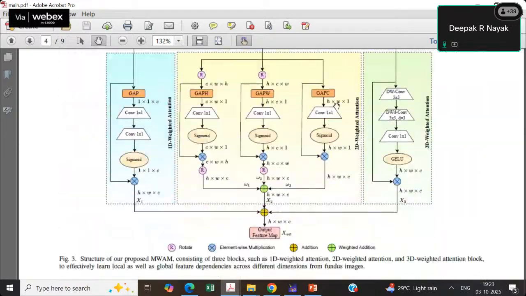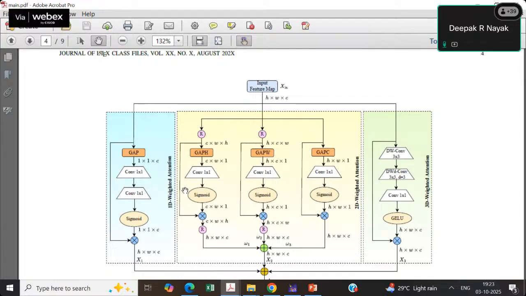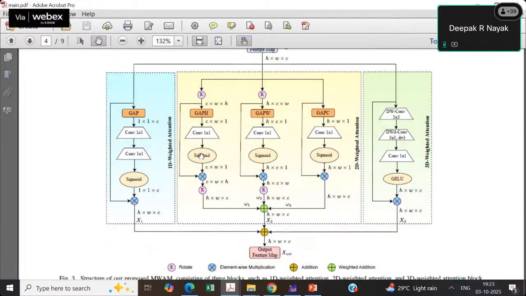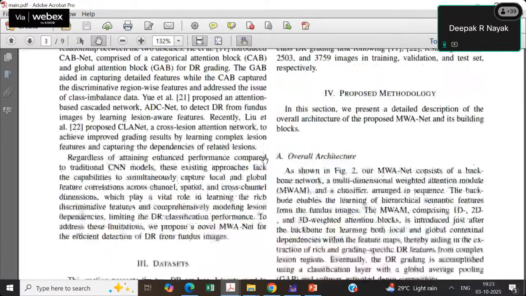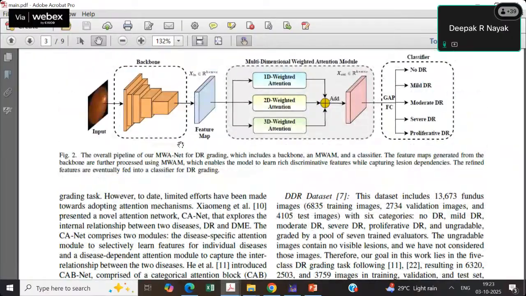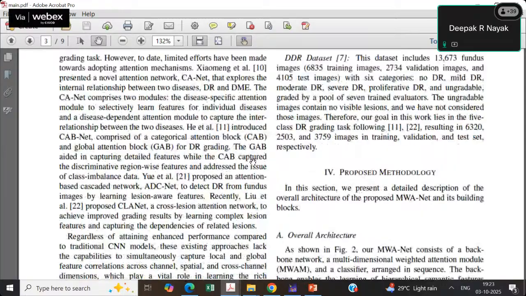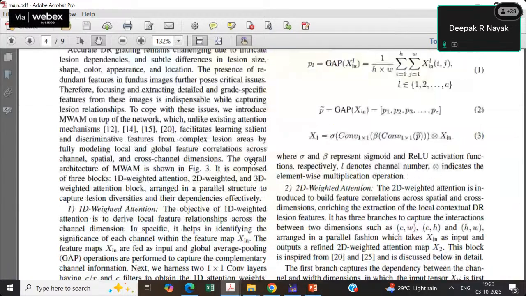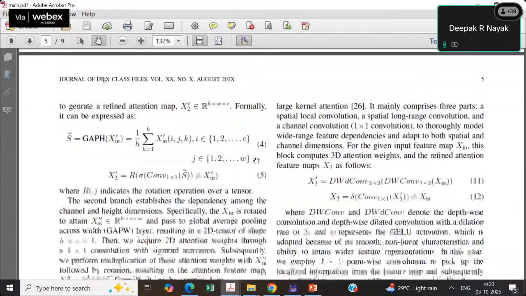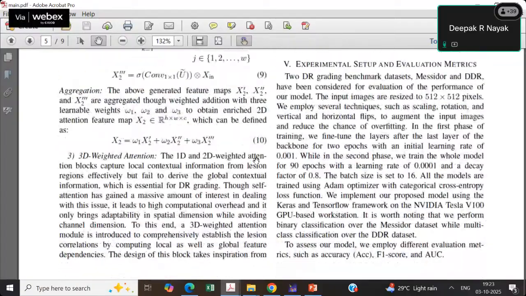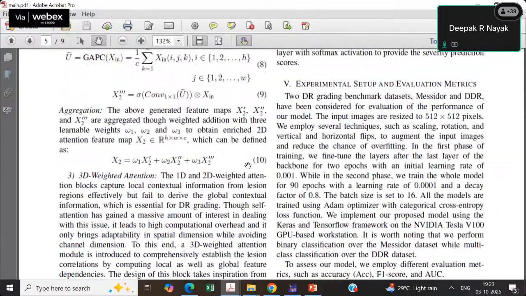This is the whole idea behind the development of this particular architecture, which is known as the multi-dimensional weighted attention network. We have considered two different data sets to validate this approach.